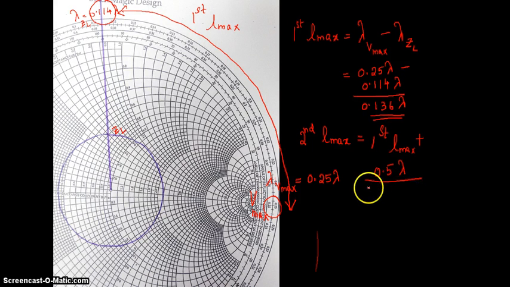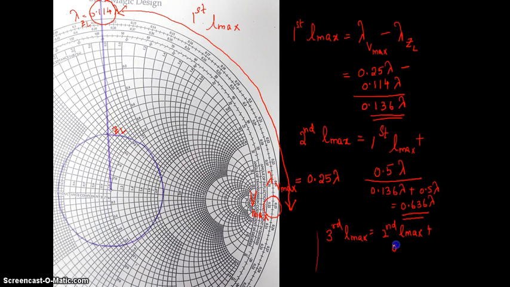So here it will be 0.136 lambda plus 0.5 lambda, which is equal to 0.636 lambda. Similarly, if I ask you to find the third L maximum, it will be second L max plus 0.5 lambda and so on. So this is how we find the distance of maxima from the load. Depending on first, second, third or fourth, you keep on adding the values of 0.5.